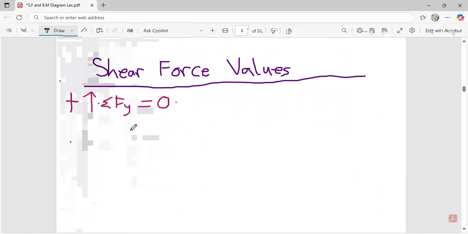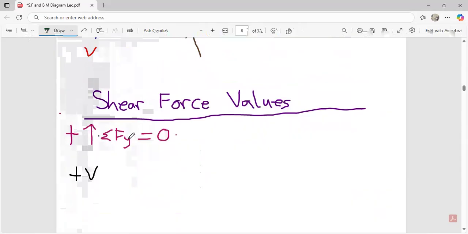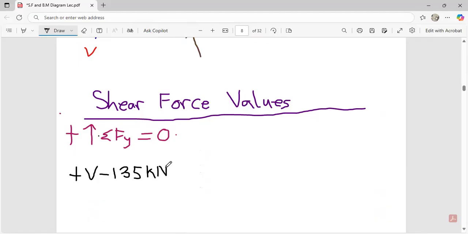The V is moving upward, so it's positive V. And then the 135 is moving downwards, so it becomes negative, minus 135 kilonewton.